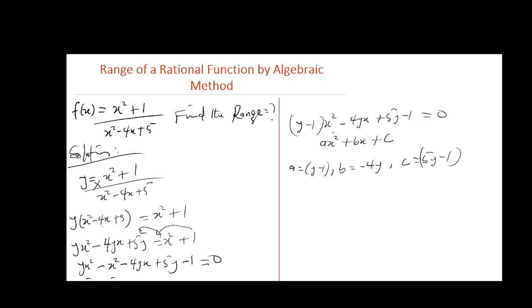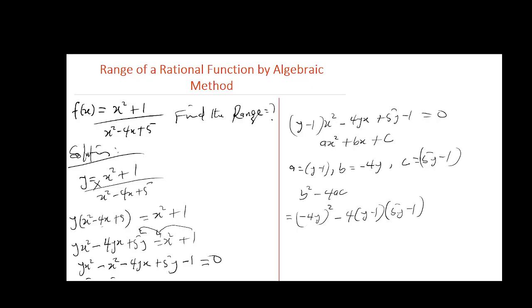So we can eliminate the x values. And how do we do that? Using the discriminant. The discriminant formula is b squared minus 4ac, because the discriminant focuses only on the coefficients. So our b squared, which is minus 4y, will give us minus 4y squared, minus 4 times our a, which is y minus 1, multiply c, which is 5y minus 1.